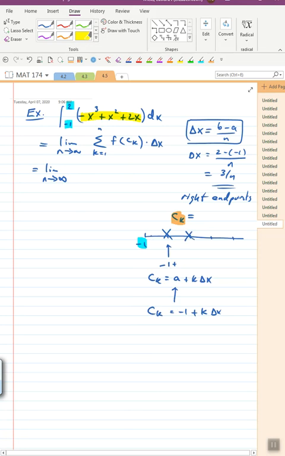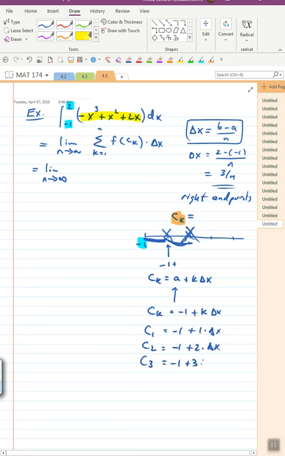So the point I'm selecting from the first subinterval is -1 plus 1 times delta x. The number I'm picking from the second subinterval is -1 plus 2 times delta x, which would put me here. Same thing for 3.